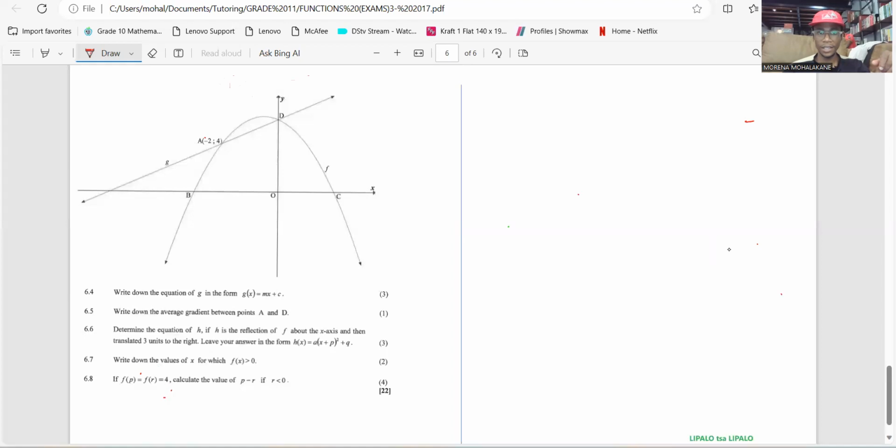So the representation means that r is negative. Always please use that instead of saying less than 0. Say negative. Also, let us say, for example, you're given that f of x is greater than 0.